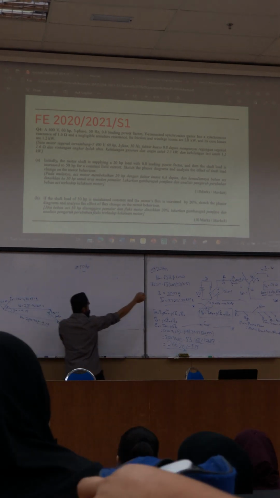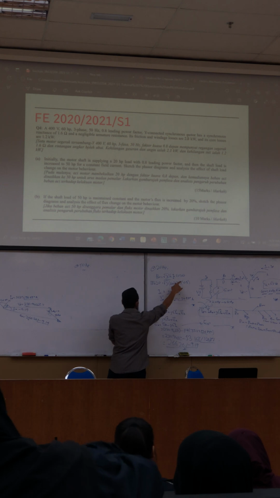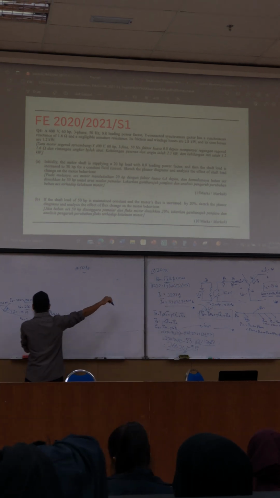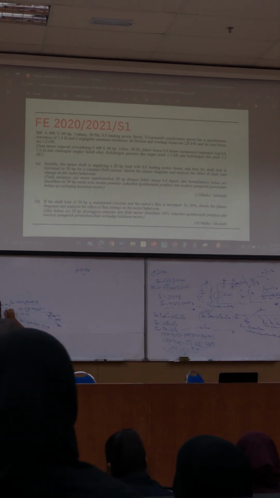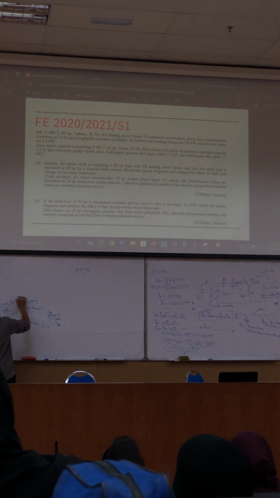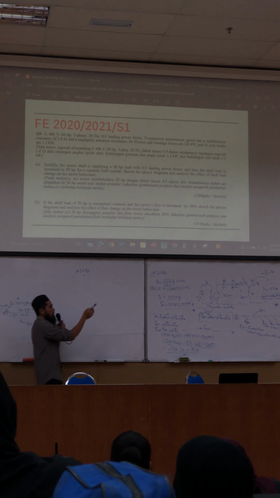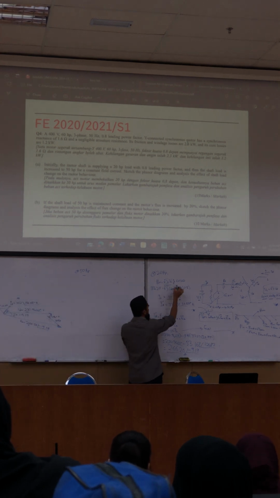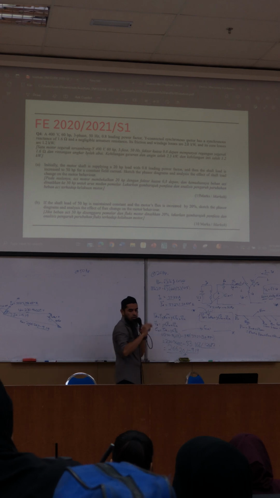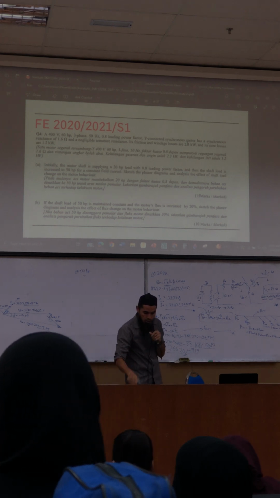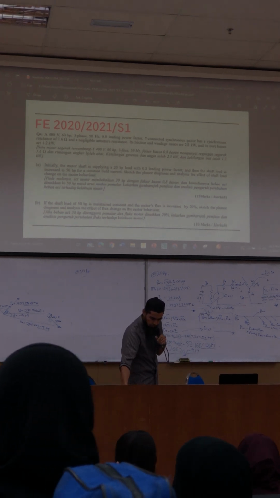You cannot use this same formula anymore, because when it increases to 50 horsepower, the magnitude of current will increase. But the angle we still don't know. So we cannot use this one because we have two unknowns here, IL and cos theta.